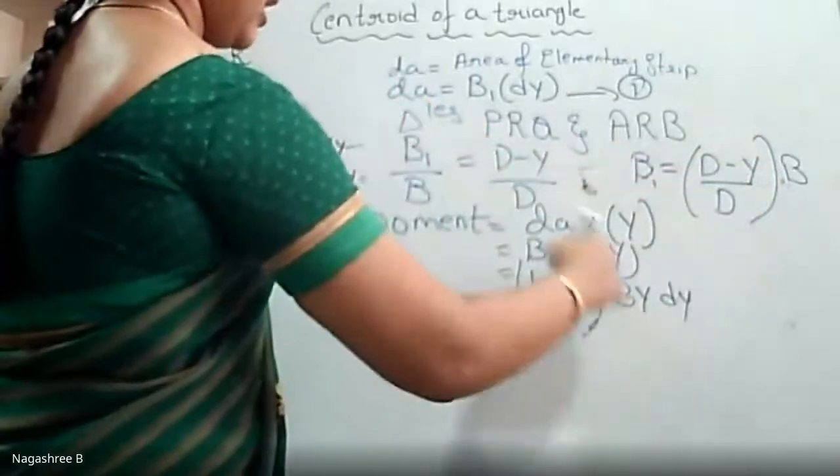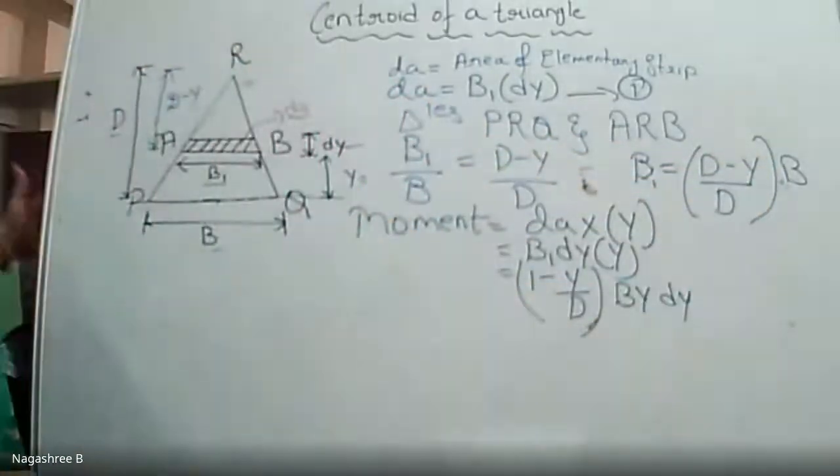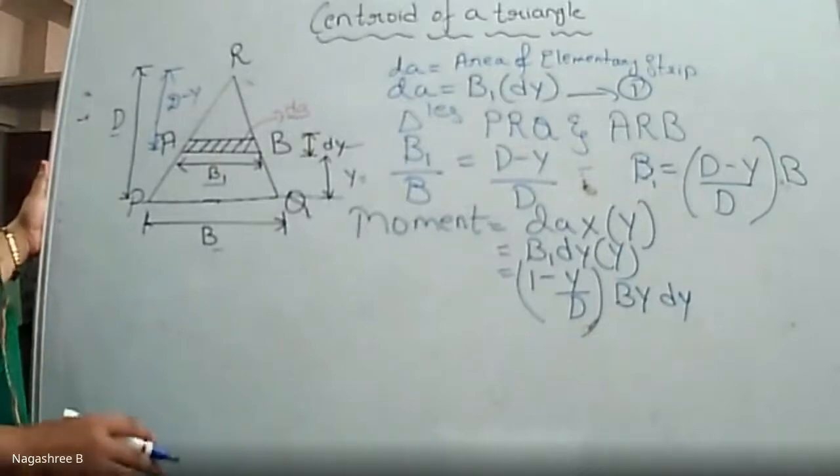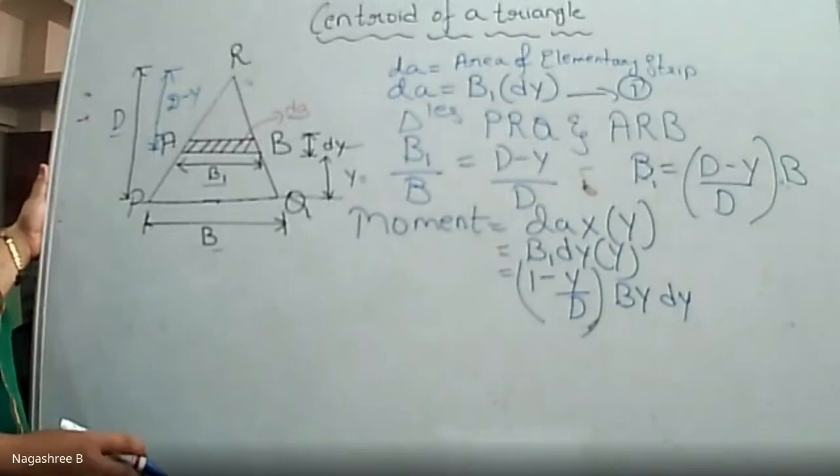So this is the value of the moment of area of the elementary strip about the axis PQ.